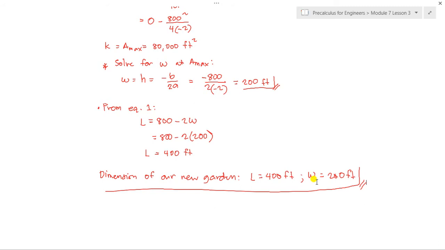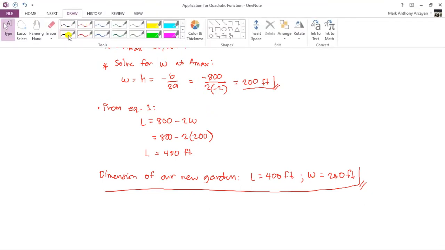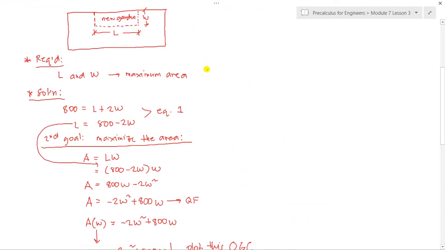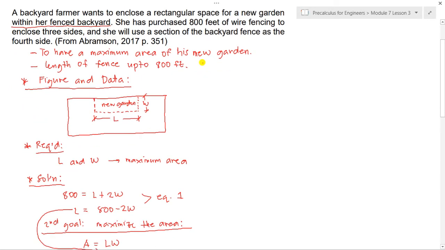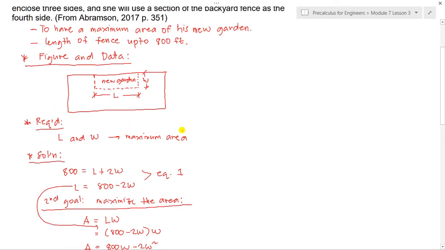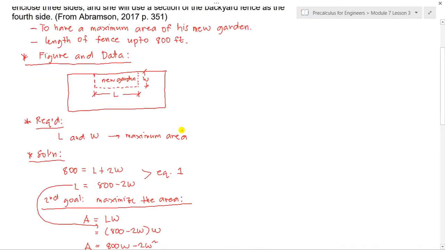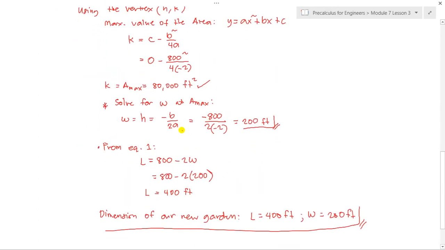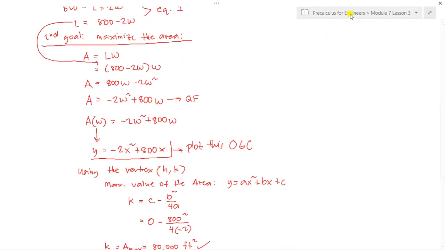So it is the same as what we saw in the graph, or the same as what we computed, 80,000 square feet. Okay, so that is how you are going to answer this type of problem relating to quadratic function. Again, don't forget to draw the problem, and don't forget to write the given and also the important data.